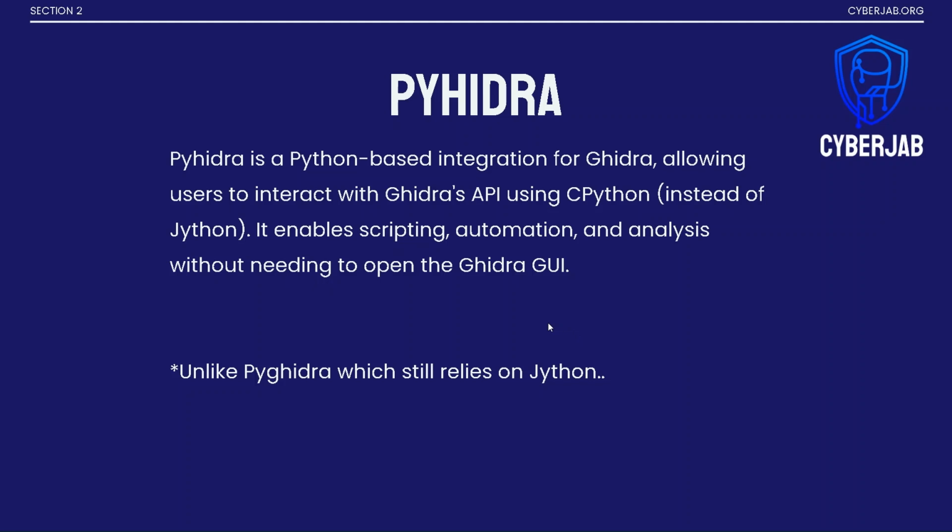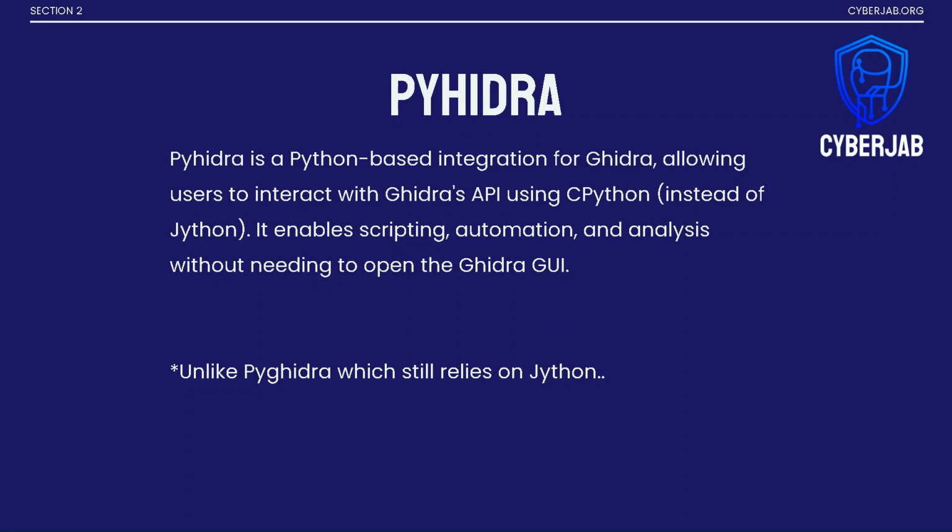So now let's try using Pyhidra instead, as it is quicker and faster than AnalyzeHeadless.bat, since it uses CPython, which is a Python 3 implementation, and is an available API library that you can pip install. It requires minimal setup.